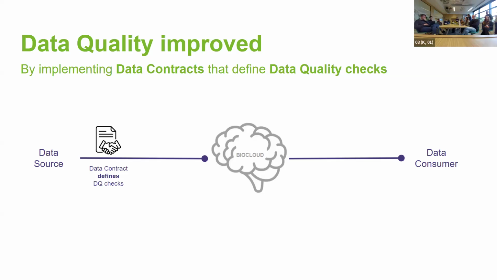So that says, these are the fields that I'm expecting. These are mandatory fields. This is a text field or a number. So it's really a contract, but it's in code. And a nice thing is that you also have tools like Soda that then use that contract to actually perform a data quality check. So before data comes into the BioCloud, we automatically check it.